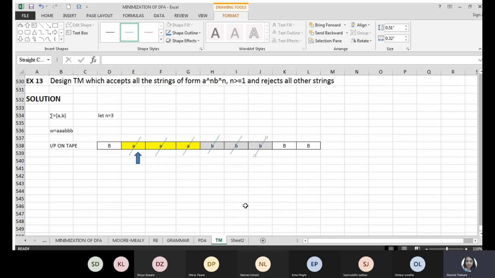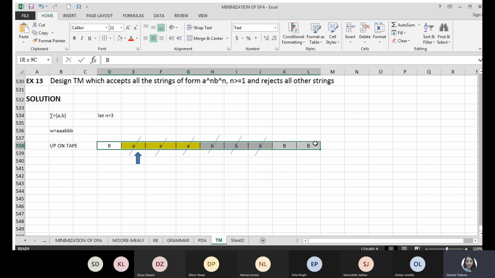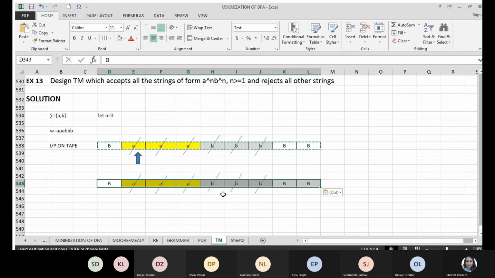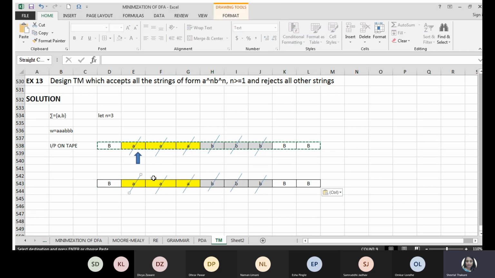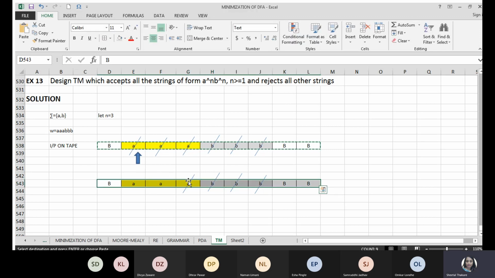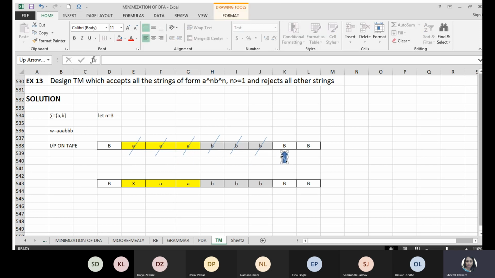So this is the logic we will be using. Now what you will do is, if you encounter this A, you will convert it to X and then you will go to the rightmost end till you encounter B, you will go to its left.